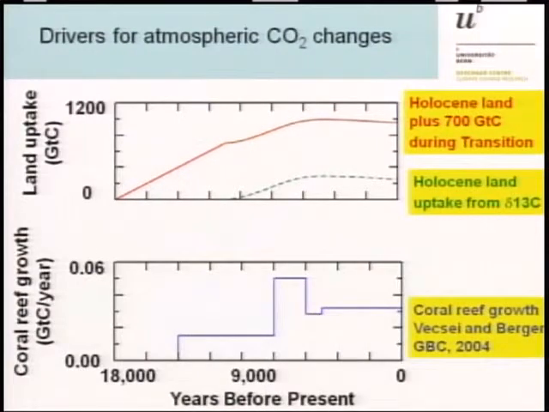And finally, this coral reef growth reconstruction from Vecsei and Berger, which shows a peak between 8 and 6 kiloyears before present in the coral reef growth, and relatively high reef growth during the recent millennium.